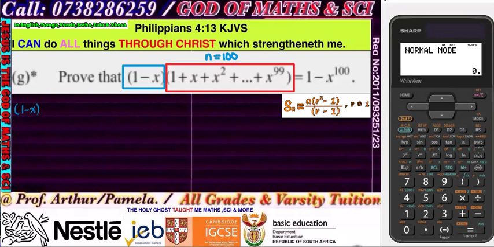Then I'm starting to do the substitution on the red. Substituting on the red, the first term is 1. So I'm having 1 times, what is the r? It will be x divided by 1, which is x, to the power of n, which is 100, then minus the 1.